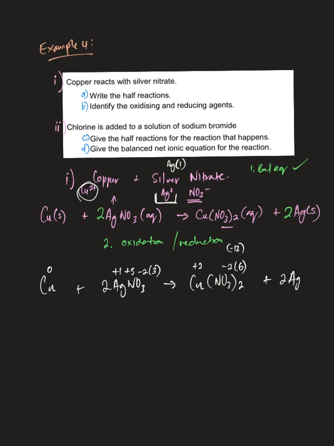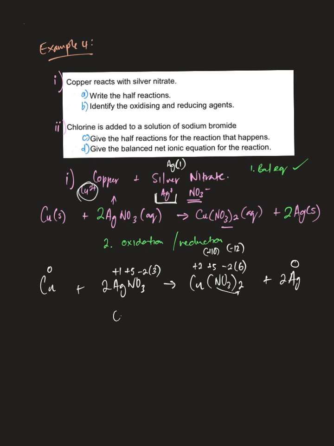Now what I'm left with is -12 plus 2, which is -10. To cancel that -10, I'm going to need +10. Now if I look here at the nitrogen, can I see I have 2 of them? And positive 10 divided by 2 is going to give me +5. So that's the oxidation number of the nitrogen. And the silver, because it's by itself, has to be 0.